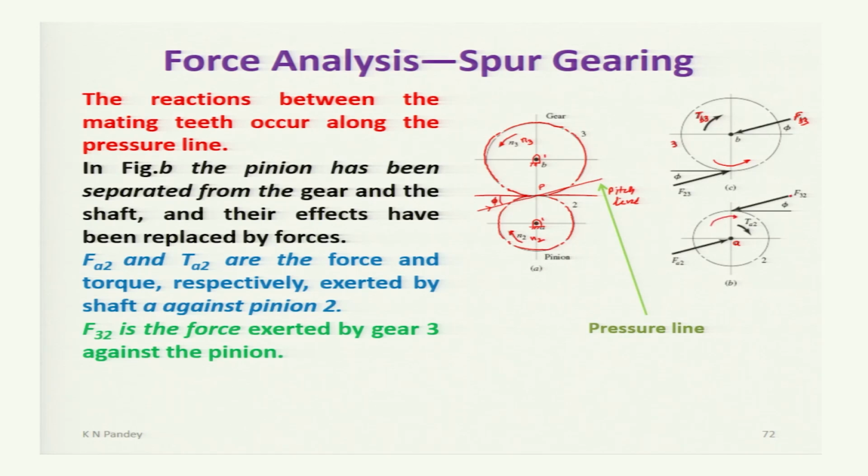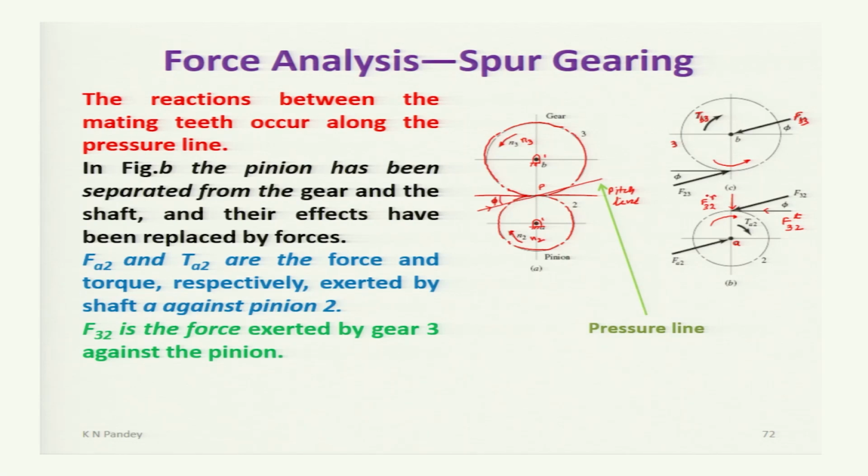Now this F32, which is the force exerted by the gear on the pinion, may have a component tangent to the pitch circle of the pinion, which is F32 tangential, and the radial component will be F32 radial.